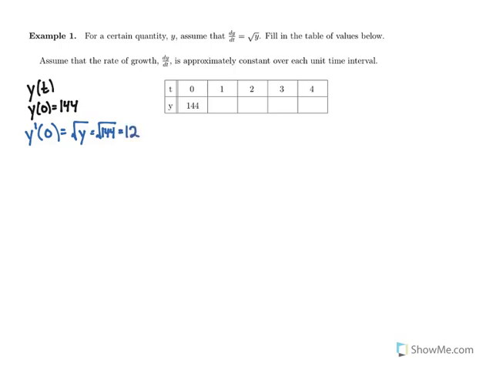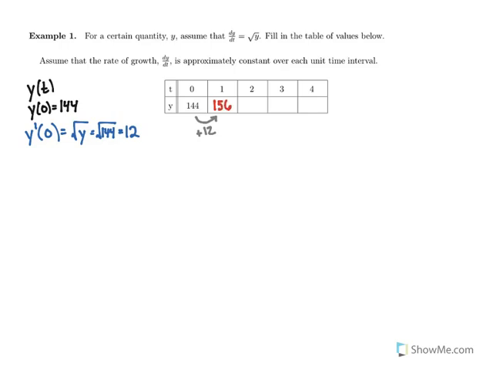The square root of 144 is 12. So the derivative is how much it's changing per unit value. As we go from t equals 0 to t equals 1, we are going to be adding 12 to our function value, which means that we can approximate the function value at 1 to be 156.